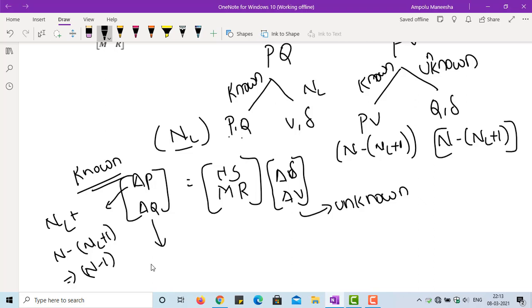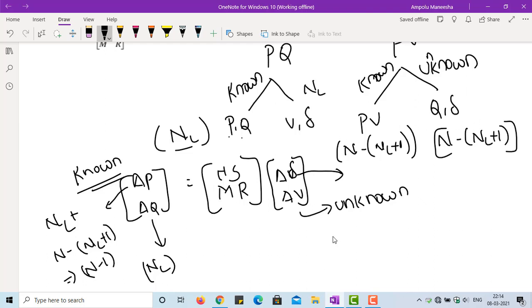Q values are NL only. Since this is known vector, for PQ bus only we know. So NL number of delta Q's we know. Here unknown values delta delta. How many unknowns we know? We have to find delta delta. Here also NL is unknown. Here also delta is unknown.